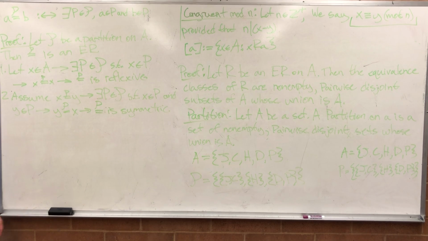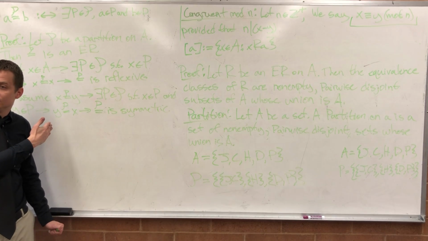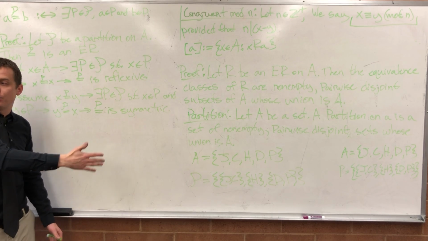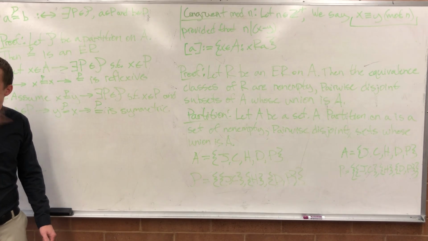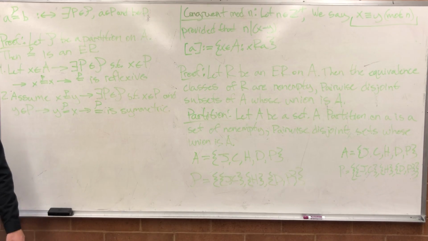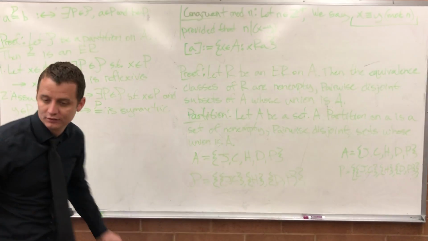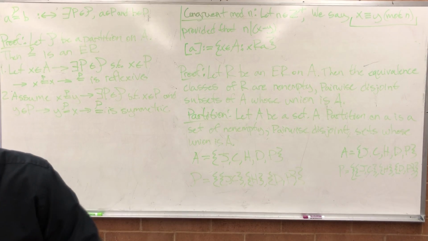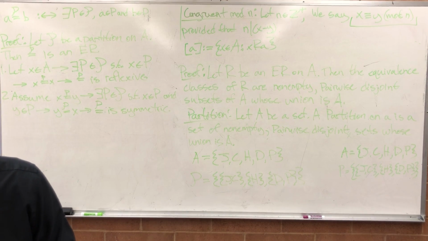That X is related to Y and then Y is related to Z and they're both in P. Right. We probably don't need to bother writing that one. If x is related to y and y is related to z, then x and y are in the same part, and y and z are in the same part. Therefore, x and z are in the same part. Therefore, it's transitive. I think you got it. Good? This is in the same part as, is basically talking about the exact same thing as our equivalence classes.